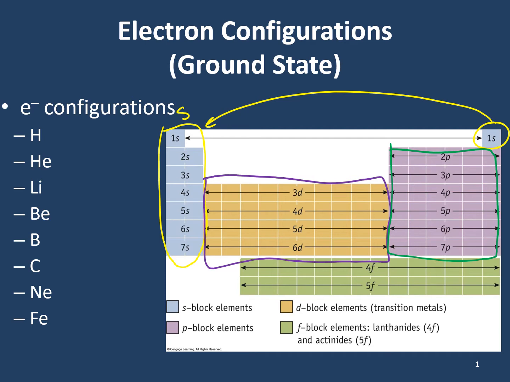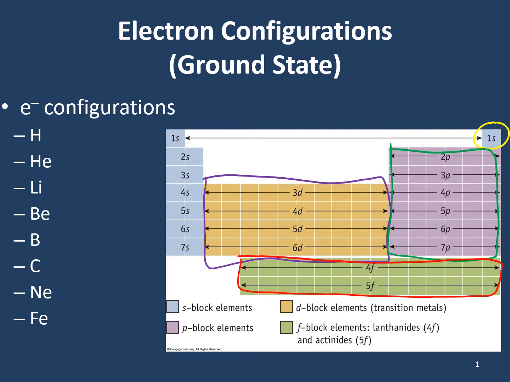And we have the F block right here, right? Now, if we're trying to write the electron configuration of any element on the periodic table, we simply count up to that element by going through the different rows, right? So let's do an example.